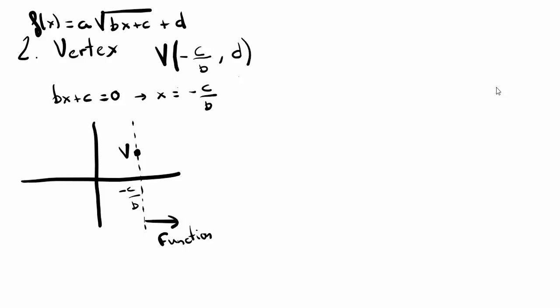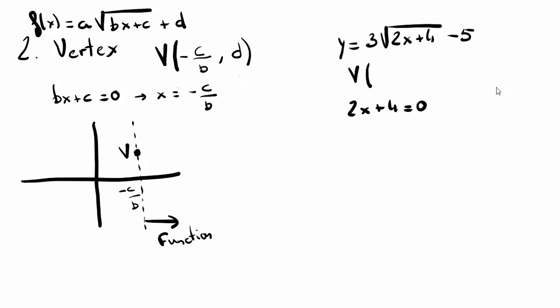Okay, and the vertex is the origin of the function in some way. For example, if my function is 3 square root of 2x plus 4 minus 5, for the vertex I take 2x plus 4 equal to 0.